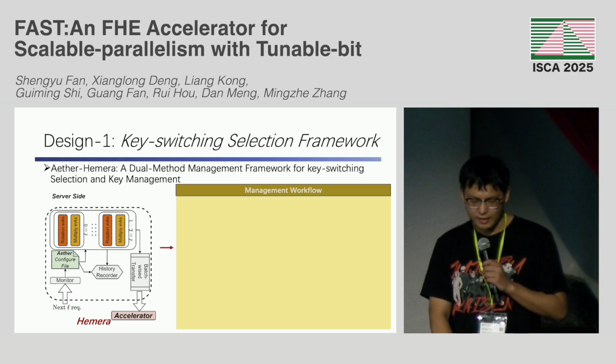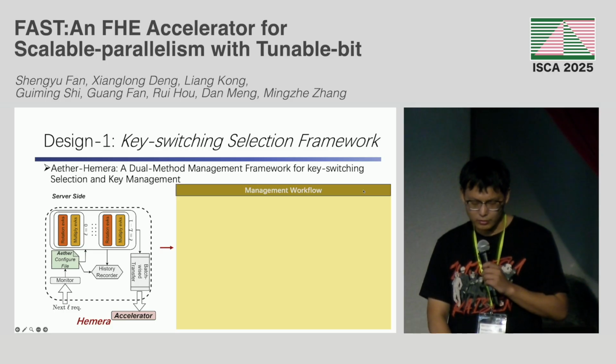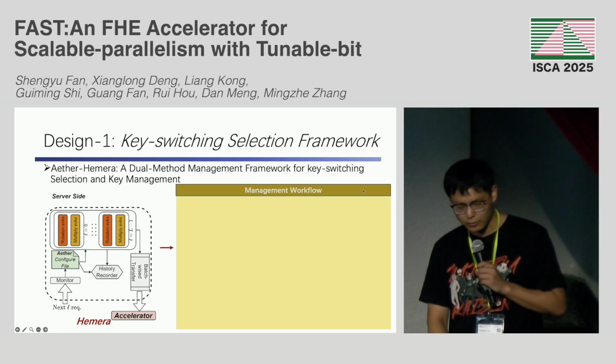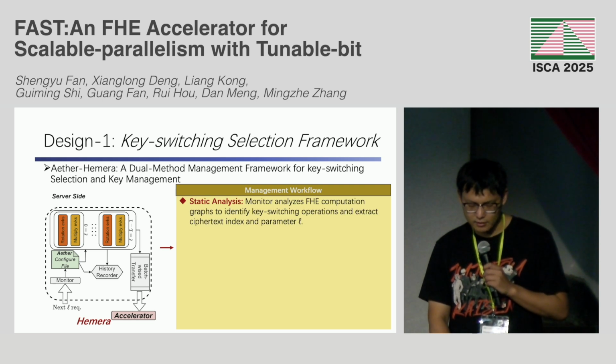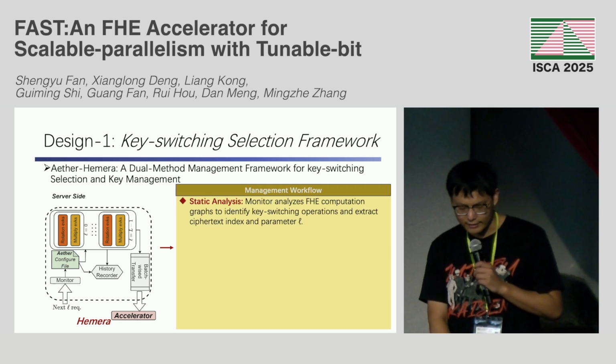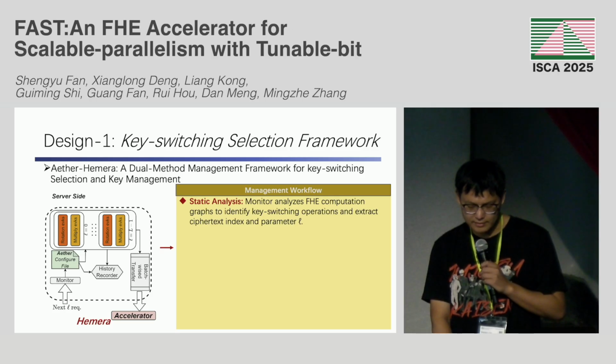During execution, Homomorphic processes the FHE computation graph to locate all operations that involve key switching. Then, based on the configuration file provided by the Ether scheduler, Homomorphic sets the suitable key host ID and key switching method, allowing it to identify and dispatch the required keys.